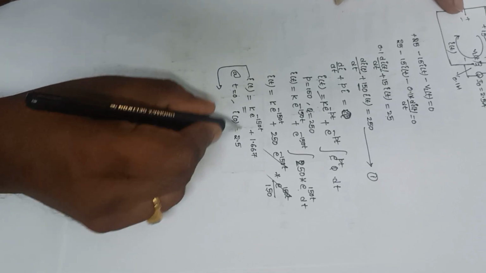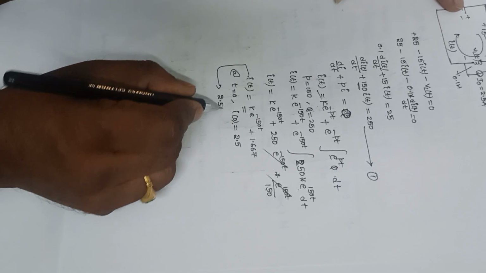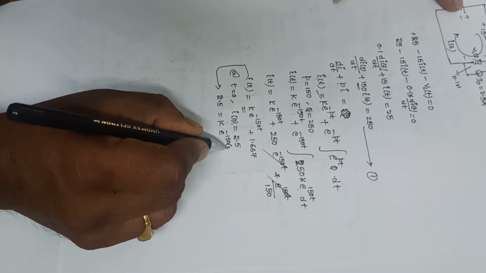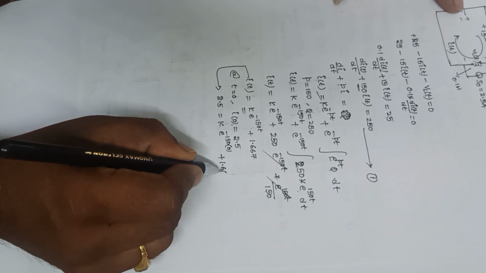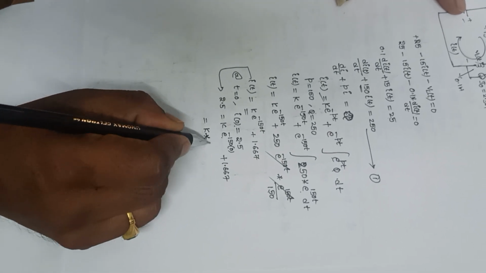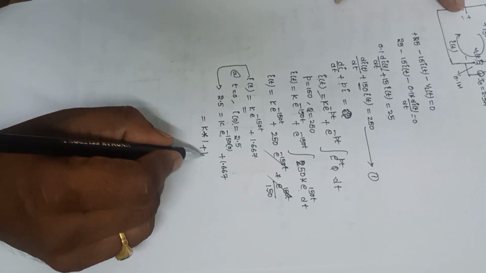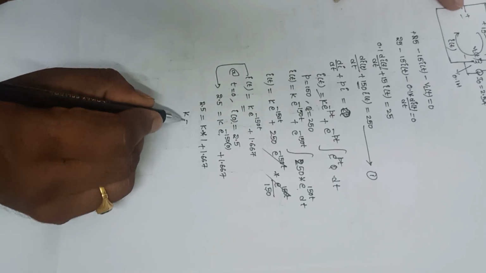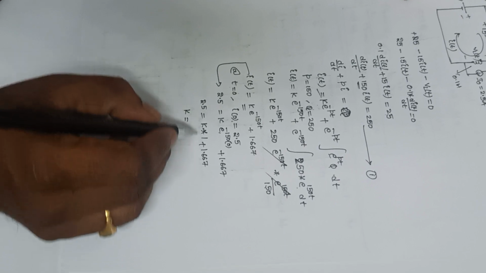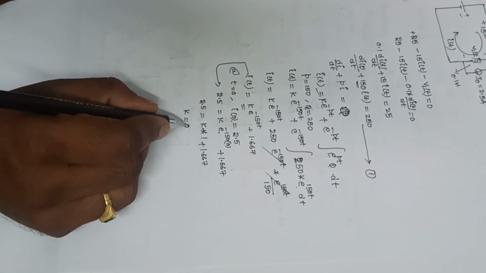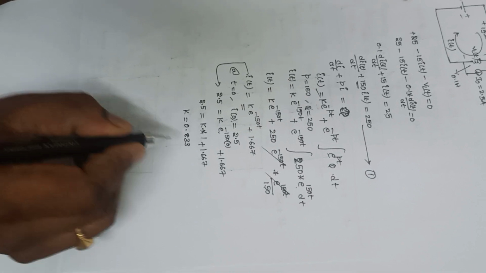I of 0 is equal to 2.5, that is equal to k into e power minus 150 into 0 plus 1.667. So this is k into 1, since e power 0 is 1, plus 1.667, that is equal to 2.5. Now the value of k, if you subtract 1.667 from 2.5, is 0.833.